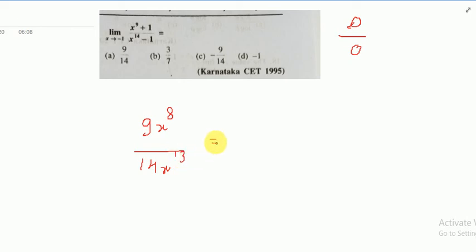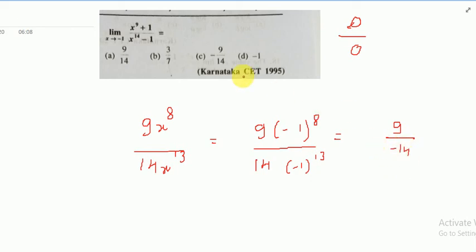Okay, therefore as x tends to minus 1, numerator will be 9 into minus 1 raised to 8 divided by 14 into minus 1 raised to 13. Therefore numerator will be 9, denominator will be minus 14. So minus 9 by 14, option C.